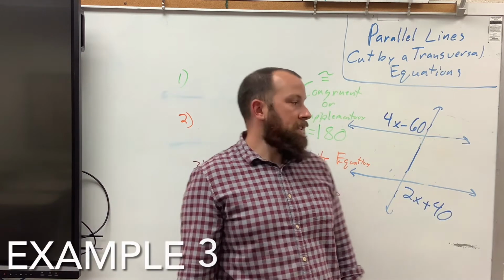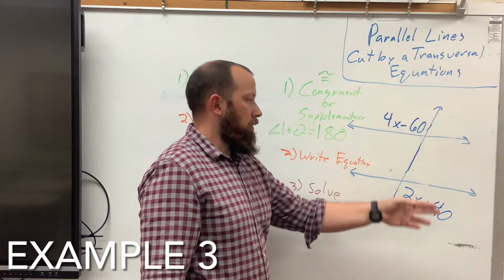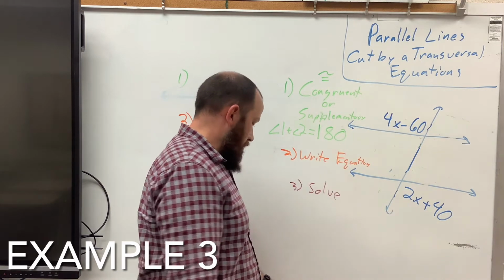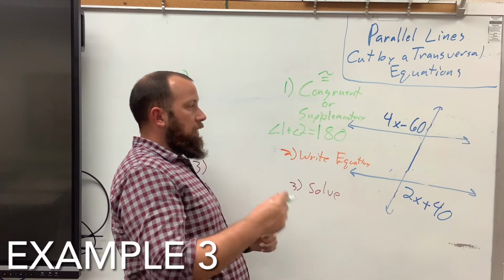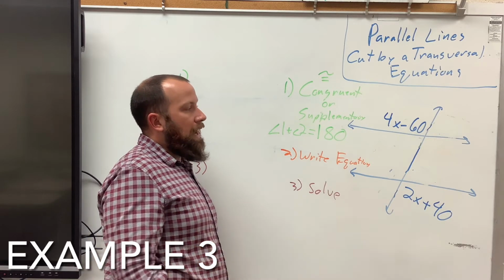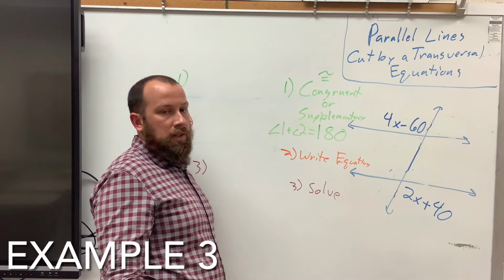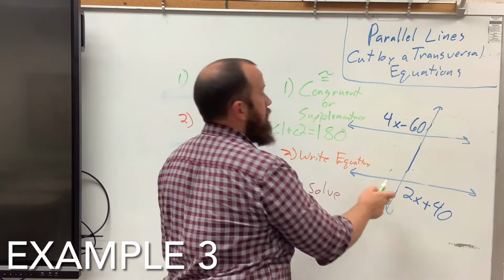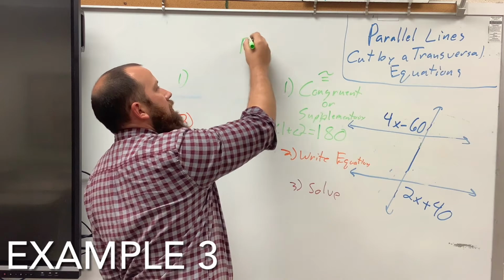For the third example, I have an equation there and an equation there. Now I have to figure out if this is congruent or supplementary or complementary. To figure that out, I have to know what type of angles these are. They're on the outside, so I know they're at least exterior.